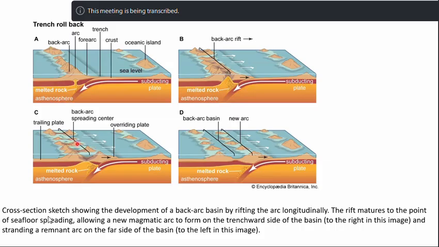So you can see the separation, you can see the thinning of the crust here, forming the back arc. And because of the force at which this subducting and the overriding plate is moving away from this other plate, it makes this opening, which forms the back arc basin, okay?